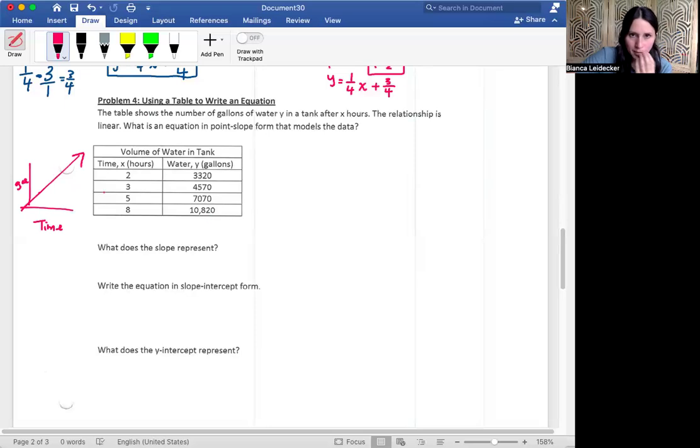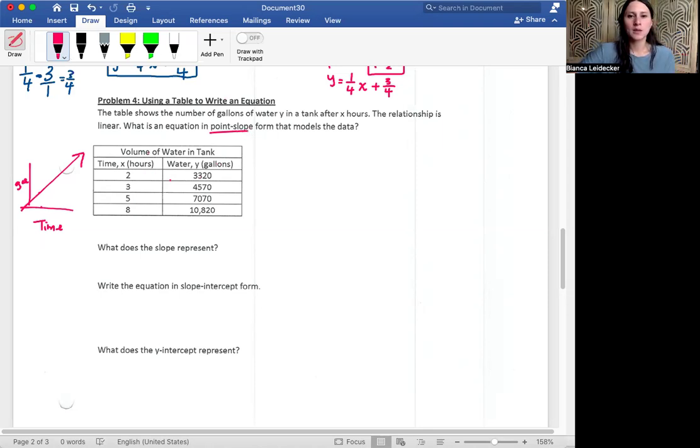Now, these all represent points on my graph, right? 2 and 3,320 all represent a point. So look at each part of this XY as one point. So technically you have 4 points you can choose from in order to write the point slope equation.